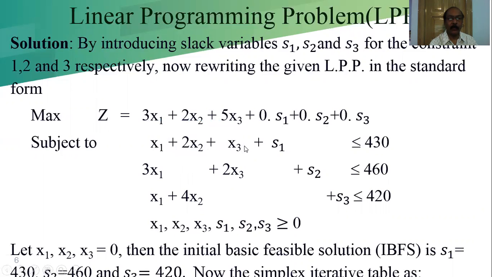Subject to x1 + 2x2 + x3 + s1, where s1 is added in the left hand side of the first constraint. This should be equal, not less than or equal to.